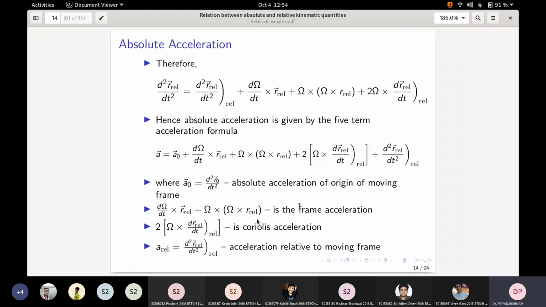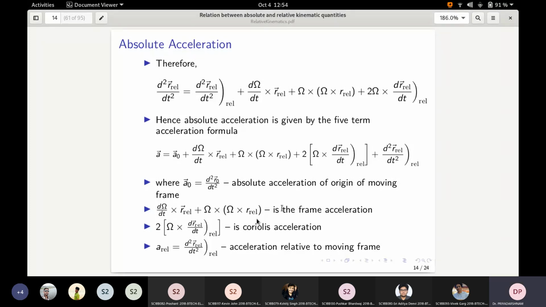Even when you are standing on the surface of the Earth, you are going to feel this component. If you have an accelerometer, it will measure this component due to the motion of the Earth, even though it is not moving relative to the surface.